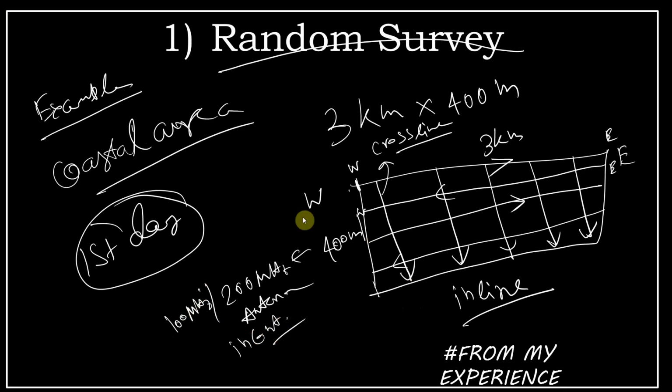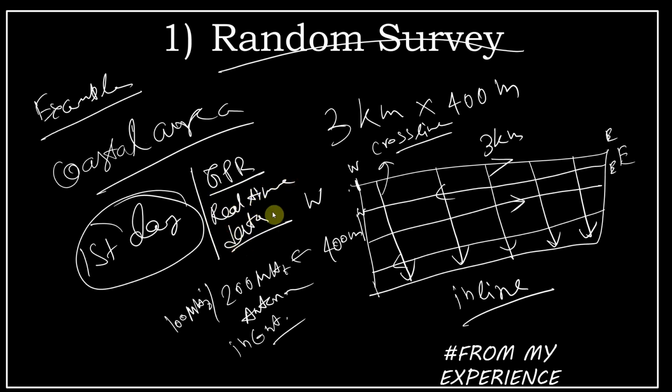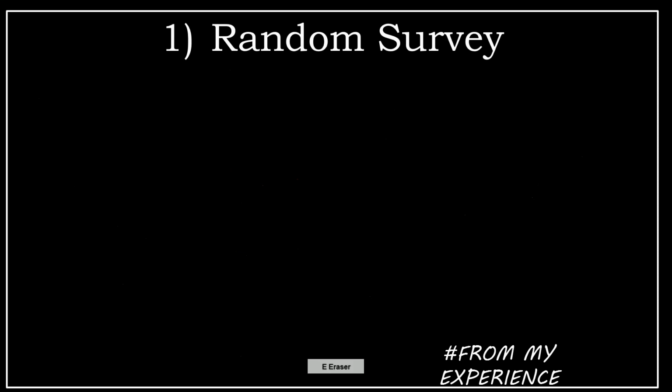The plus point of any GPR system is that it will give you real-time data. What do I mean by that? You will be seeing the GPR sections as you go.